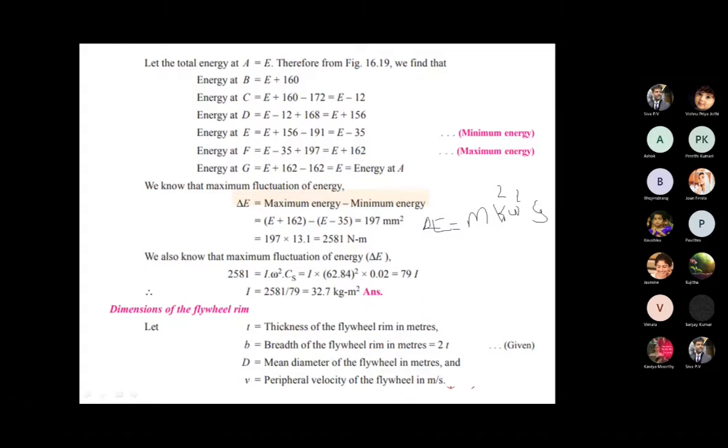So that is the formula, right? But the moment of inertia I equals m into k square. So m k square is replaced by I, and delta E equals I into omega square cs. Clear?